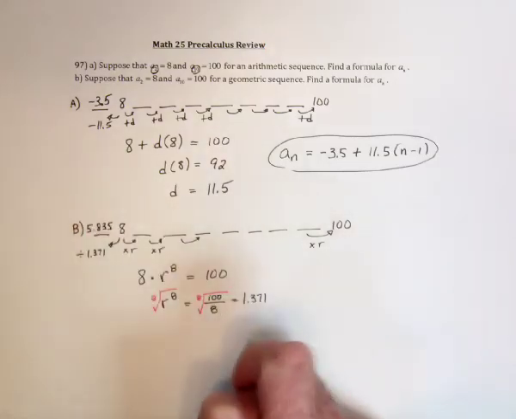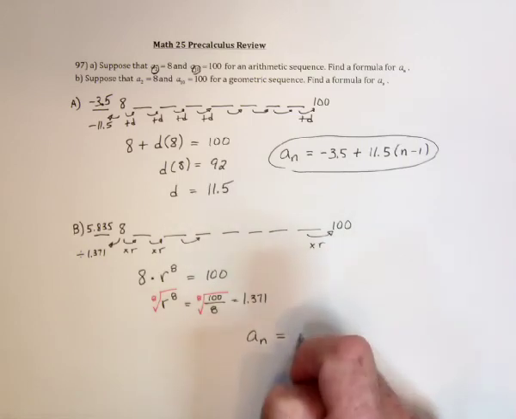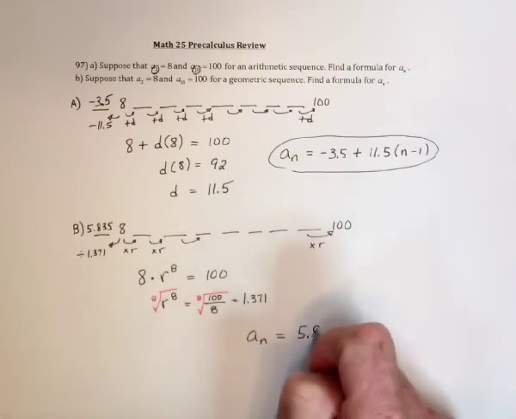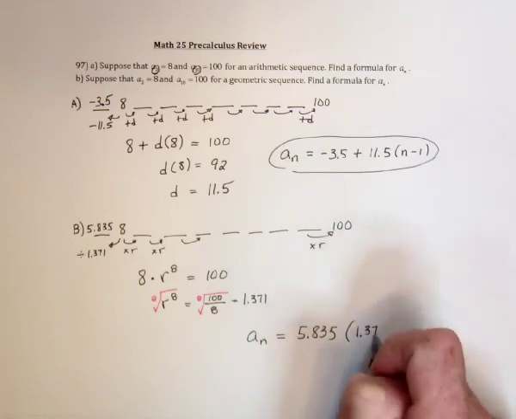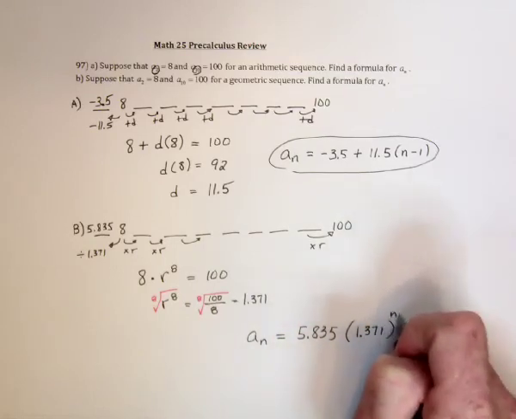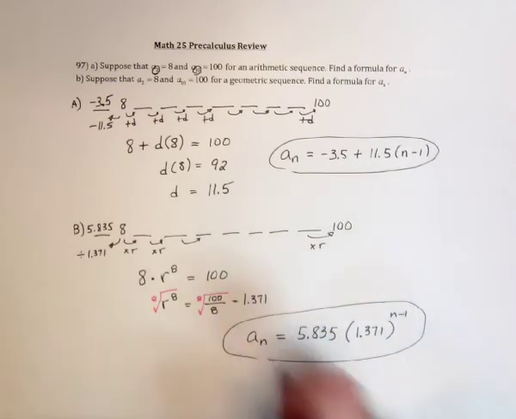So then the formula is going to be an equals the first term, 5.835, and then the r, which is 1.371, is raised to the n minus 1. And there's the formula for the geometric sequence.